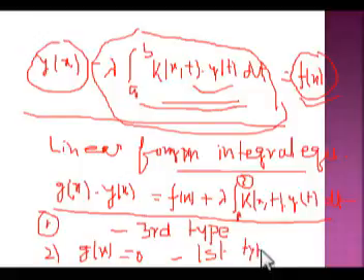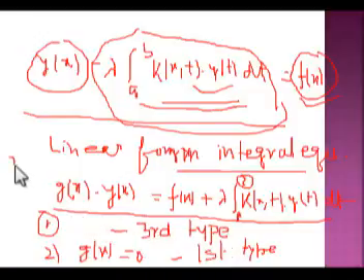Again, depending on the upper limit, if it is a constant, then we call this a Fredholm integral equation of the first type. If it is a variable x, then we call this a Volterra integral equation of the first type.